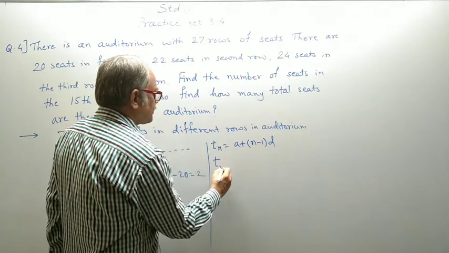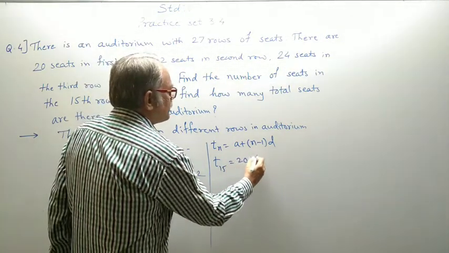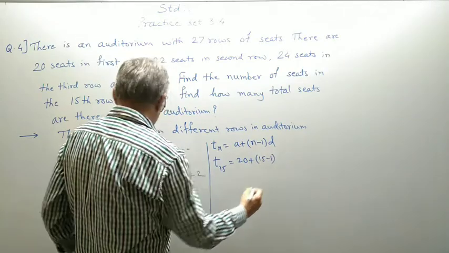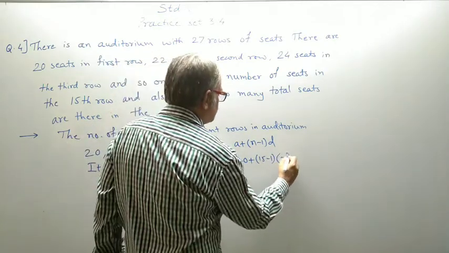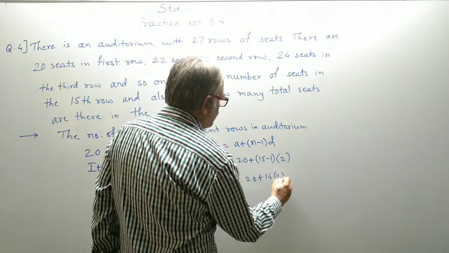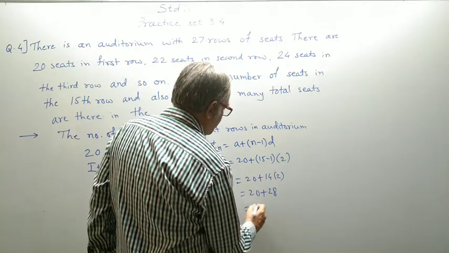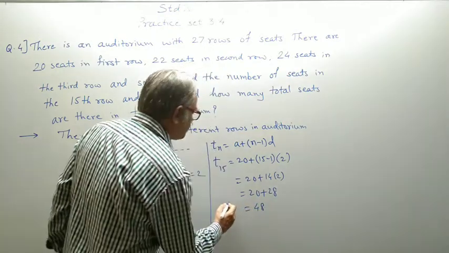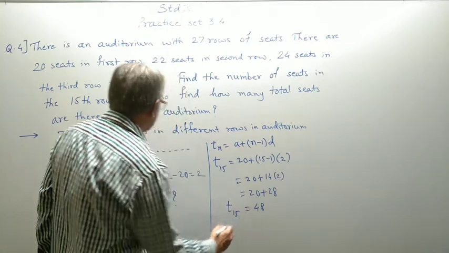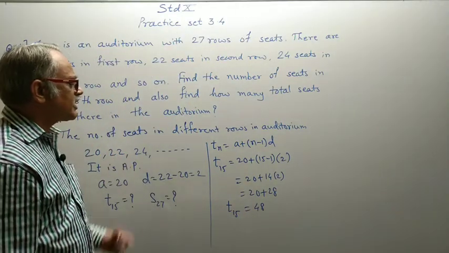T15 is 20 plus 15 minus 1 into 2. 20 plus 14 into 2. 20 plus 28, 48. What is this 48? T15. T15 means 15th term. First term means number of seats in first row. Second term means number of seats in second row.